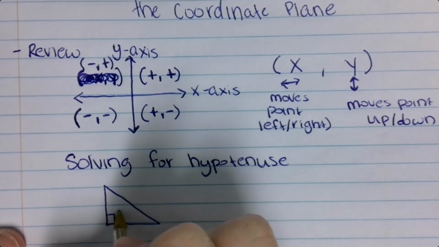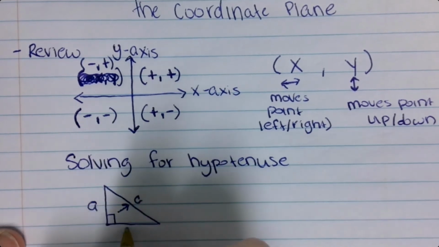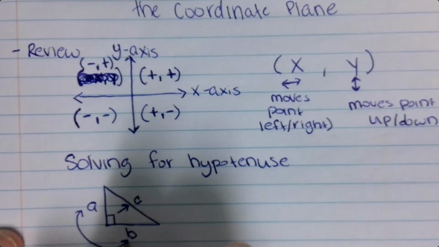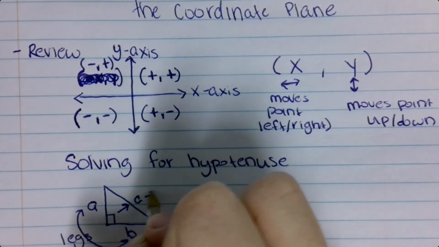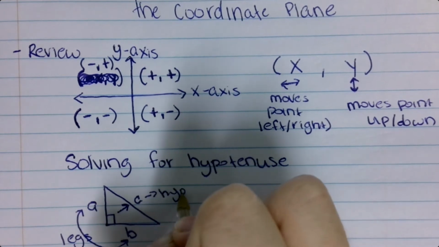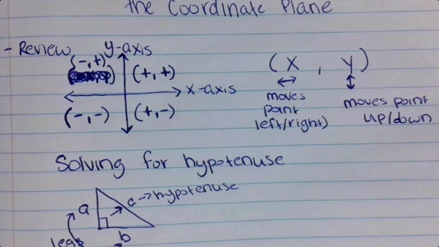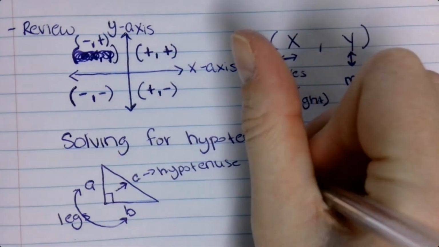Here is your right angle. That means this is C, this is A, this is B, where A and B are legs, and C is the hypotenuse.